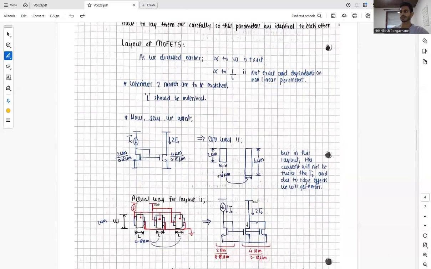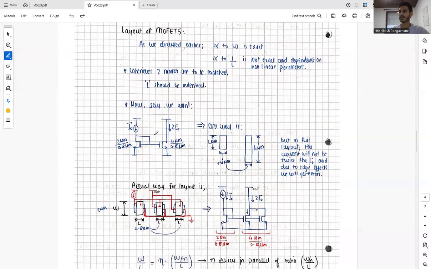Now say that we want this kind of structure where we have our reference current and a MOSFET of width 2 micrometer and length 0.18 micrometer. On the other side, we want a replica of twice I naught, and thus we have 4 micrometer per 0.18 micrometer length.